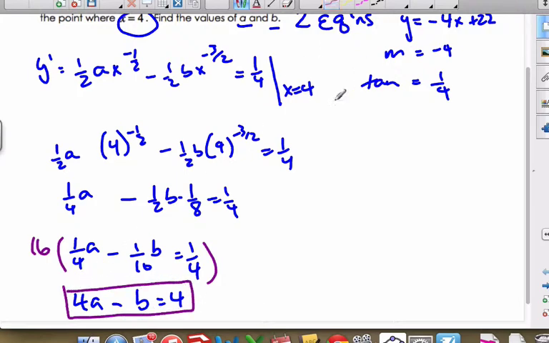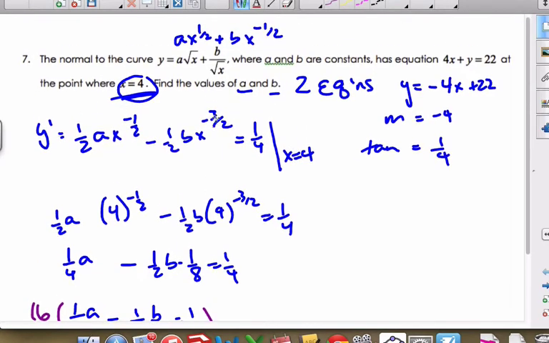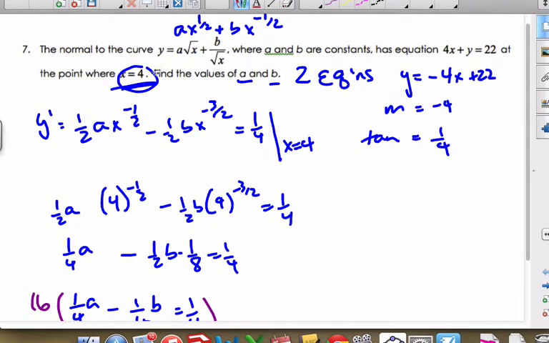I need a second equation, and I have to use this somehow. I want to use x equal to 4, I have to find a point on the curve. And I know the normal of the curve has this equation at x equals 4. So if I think graphically what's going on, I have some crazy curve, and then here is my tangent line, here is my normal.